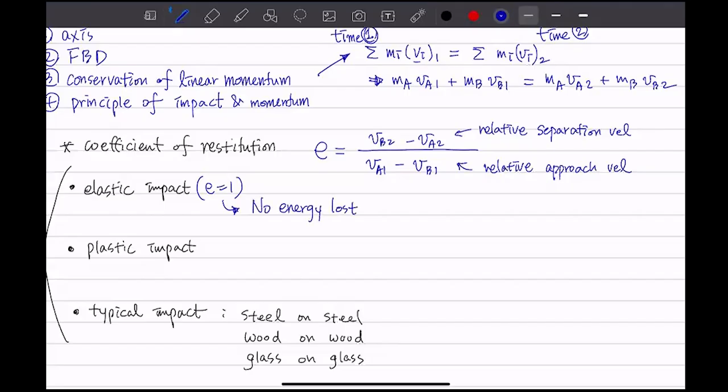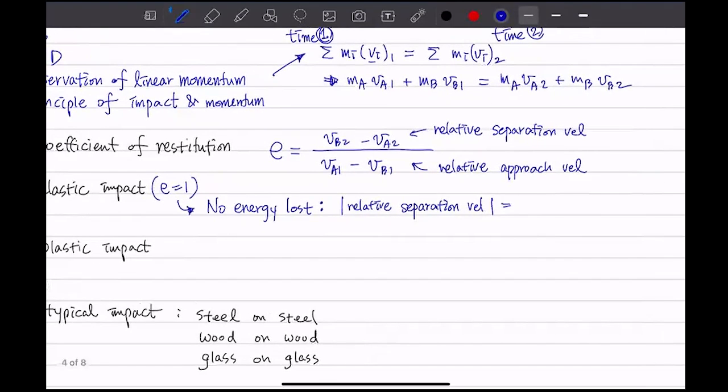And that means the magnitude of the relative separation velocity is the same as the relative approach velocity.